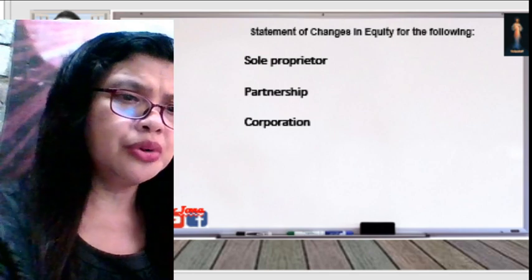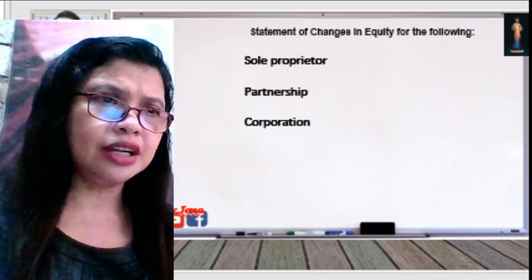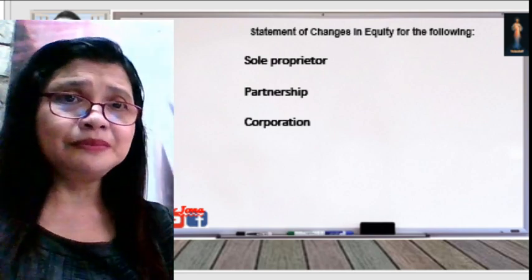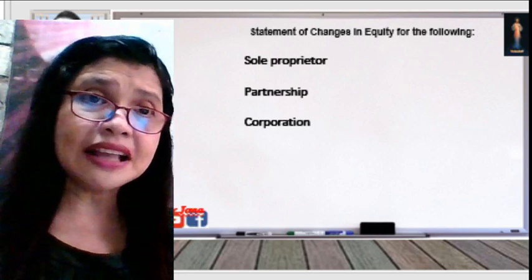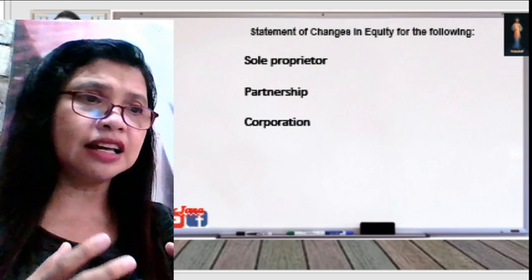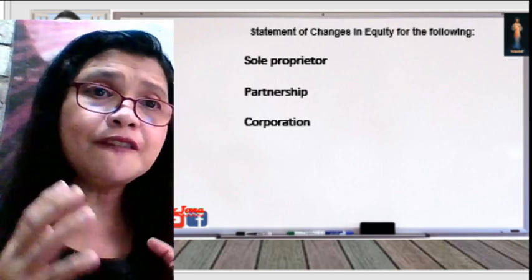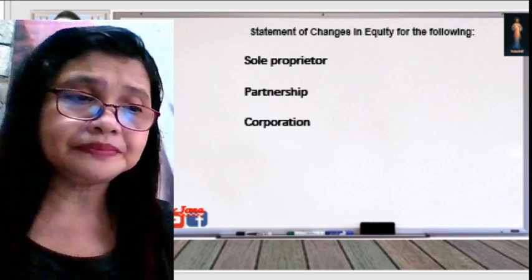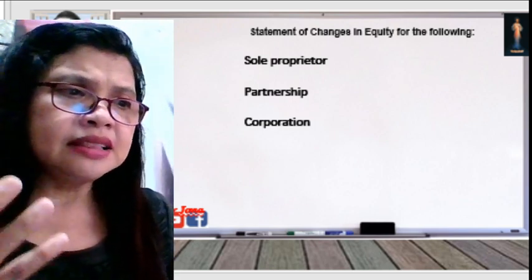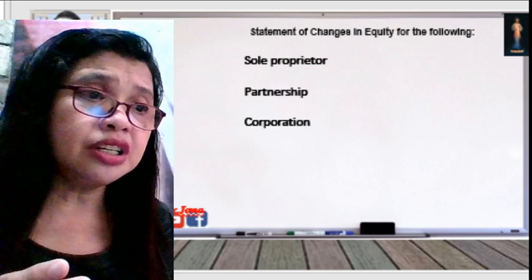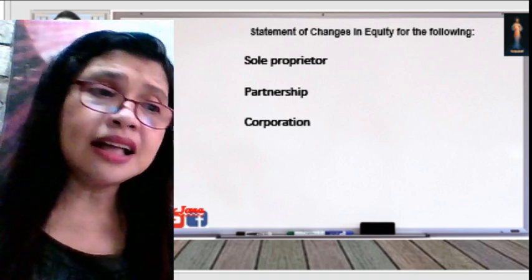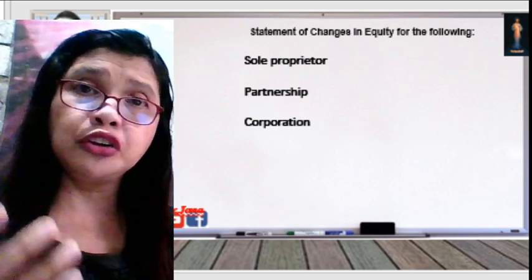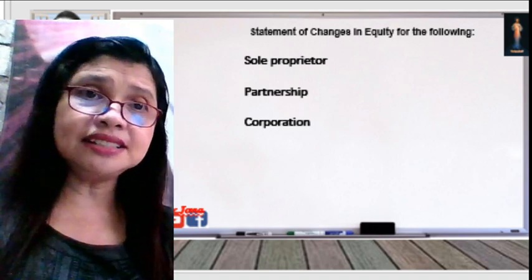Now we go to the corporation. When we say corporation, the Corporation Code defines it as an artificial being created by operation of law and having the right of succession, the powers, attributes, and properties expressly authorized by law or incident to its existence.